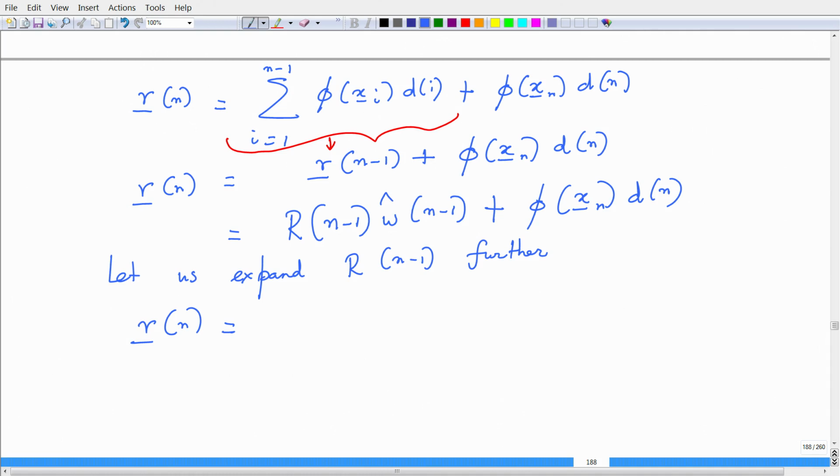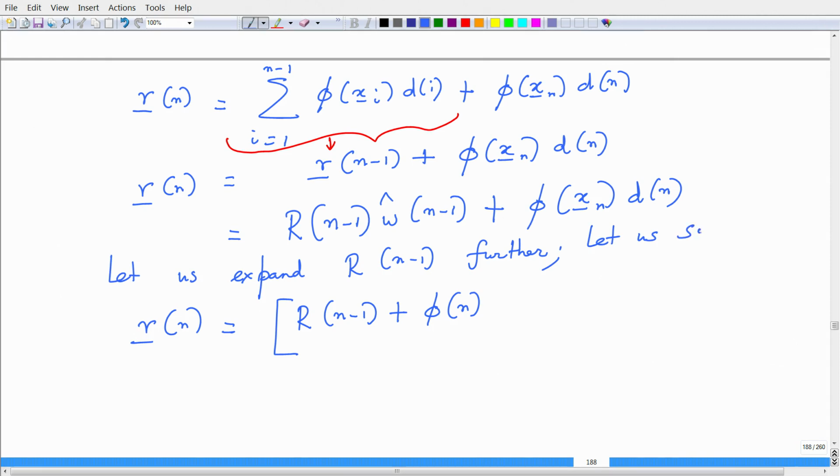Before expansion, I would say we can add and subtract some terms so that it helps us slightly carefully. So, what I will do is as follows. I make this R of n minus 1 plus phi of n.